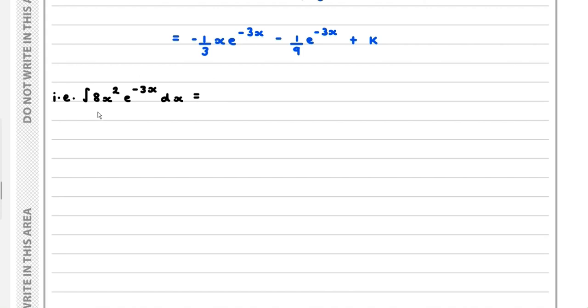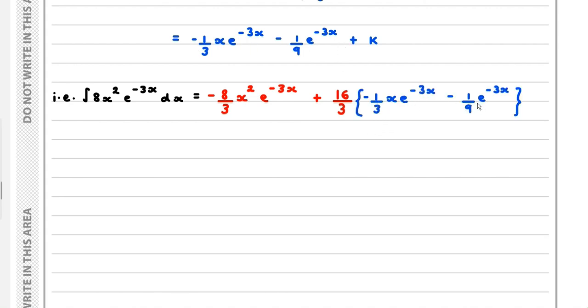So the integral of 8x squared e to the negative 3x with respect to x, well, we have the negative 8/3 x squared e to the negative 3x plus 16/3 multiplied by the result here of negative 1/3 x e to the negative 3x, subtract a 9th e to the negative 3x plus a constant of integration c.